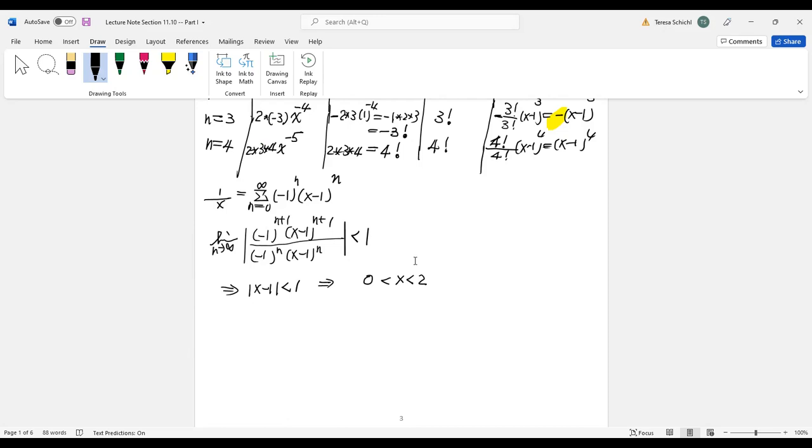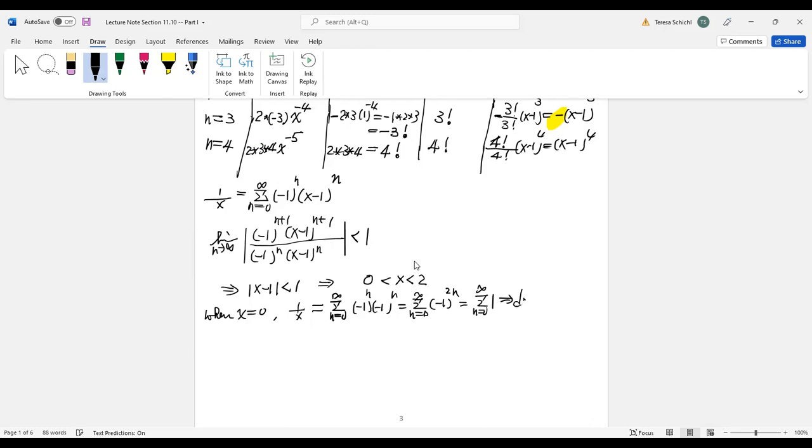Okay, because we use the ratio test, let's check the endpoints. When x equals 0, 1 over x is equal to the summation n from 0 to infinity of (-1)(-1), so it will be the summation from n equals 0 to infinity of (-1)^(2n), which is the summation of 1.